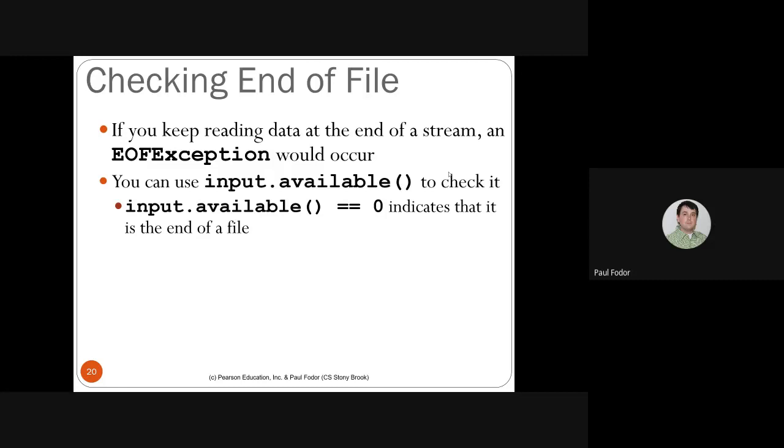However, you can check every time that you read how much is left in the input file. So you can use input.available to return if you still have bytes available to be read from the stream. The moment that input.available returns 0, it indicates that you are at the end of the file and there is nothing else available to read from that file.